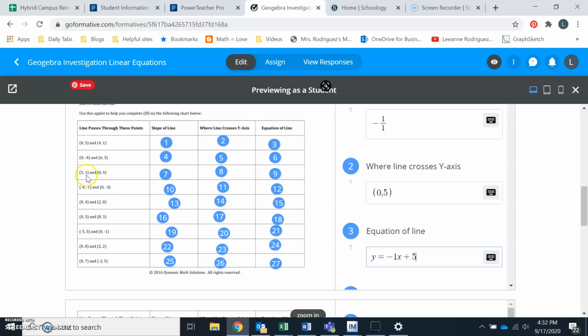I'm going to skip down and do number 7. Remember that 0, something indicates that it's going to be the blue dot. So we have 0, 4, and 5, 1.